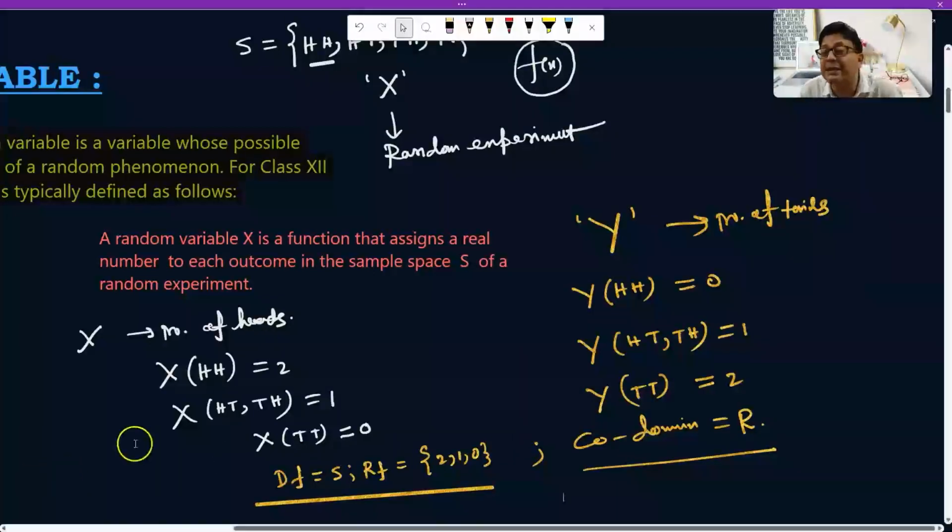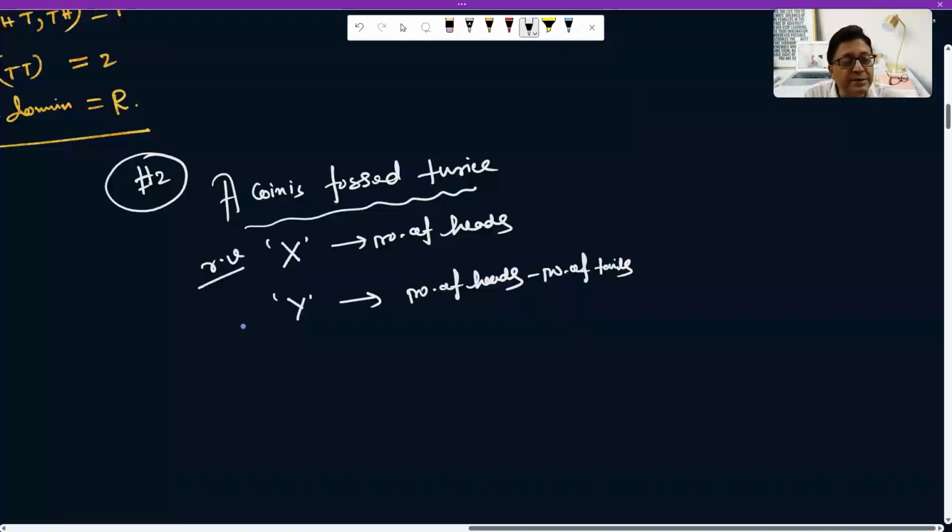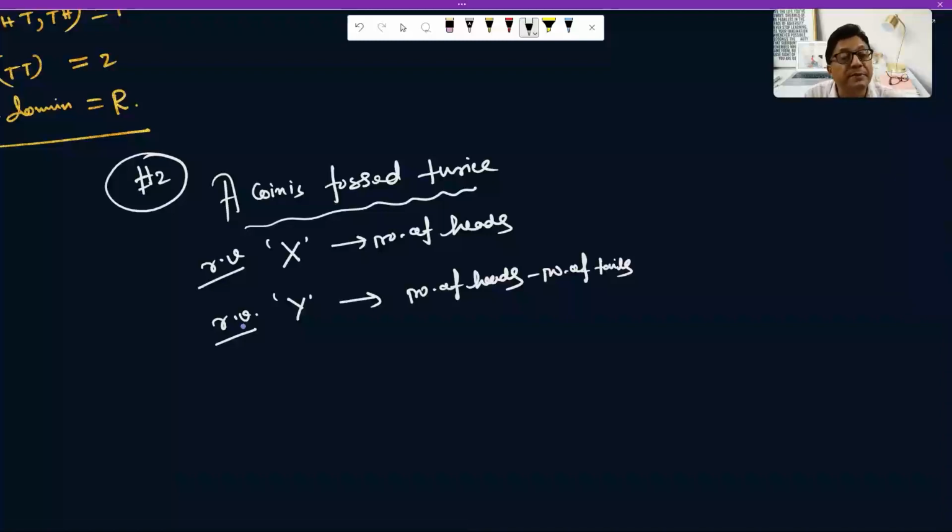Let me take another example here. A coin is tossed thrice. X denotes number of heads. This is random variable X. This is another random variable I am defining on the same sample space.